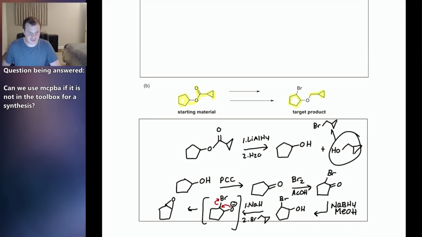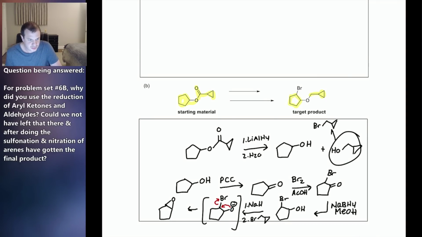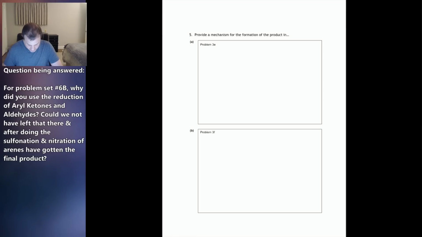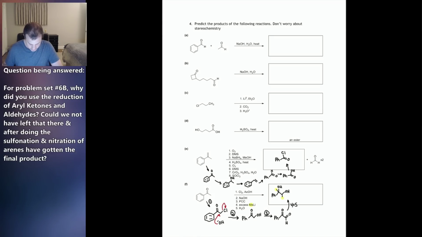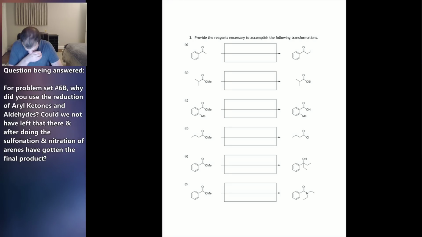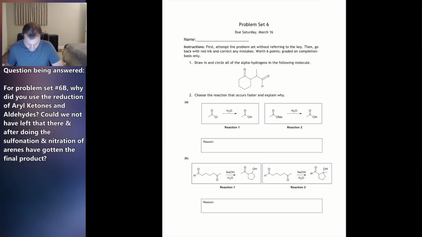Next question. Problem set 6b. Why did you use reduction of aryl ketones in aldehydes? Not sure which. 6b? I'm not sure which problem you're referring to here.